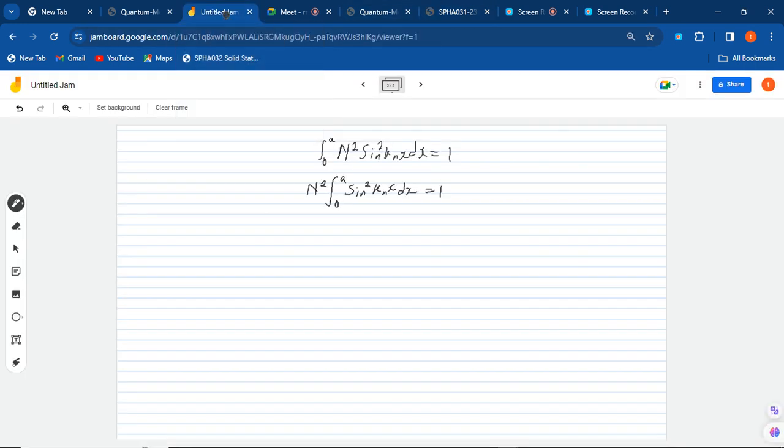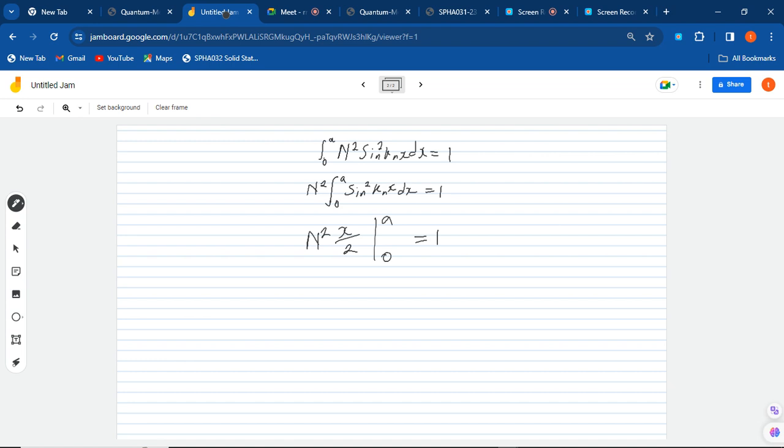So it's going to be n squared multiplied by x over 2, from 0 to a. It's equal to 1.